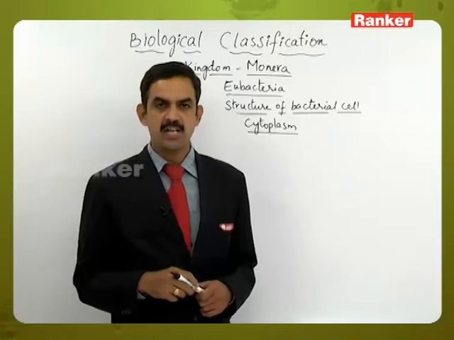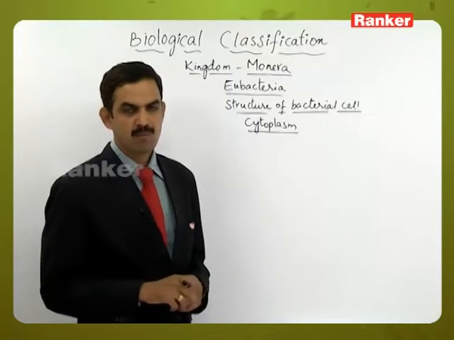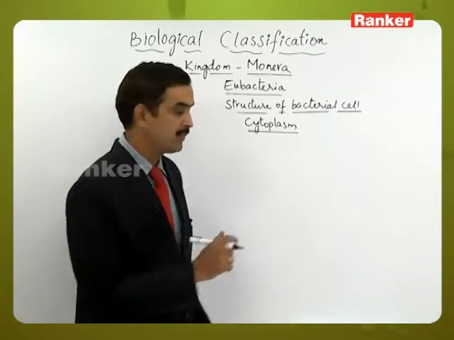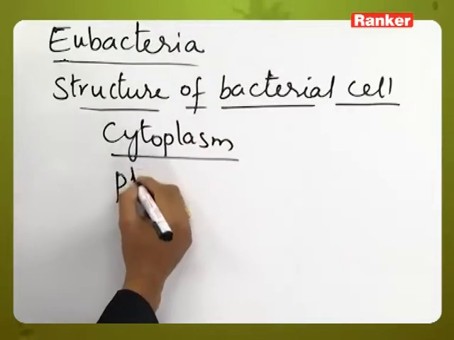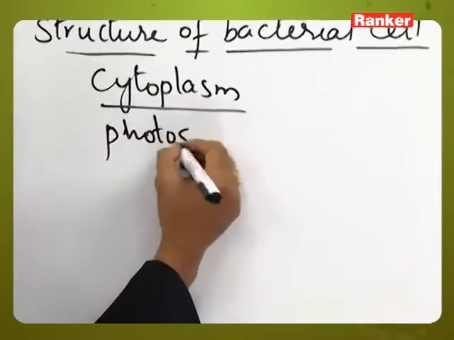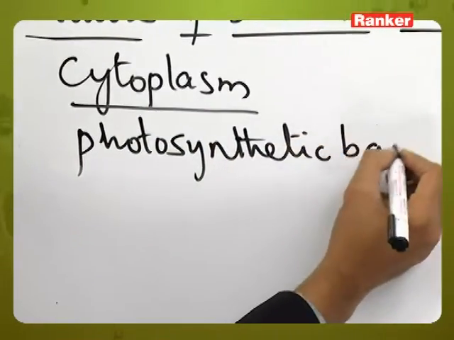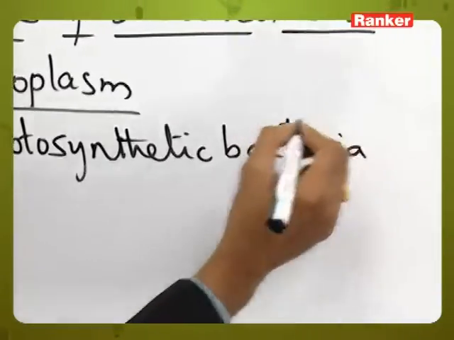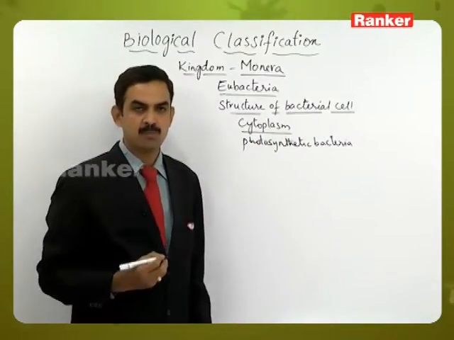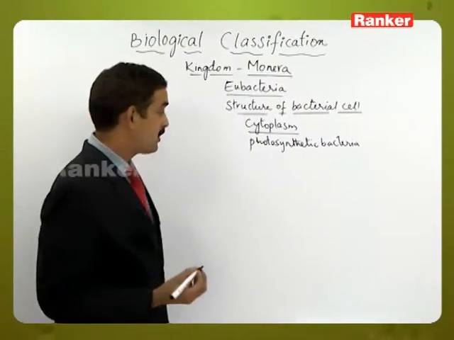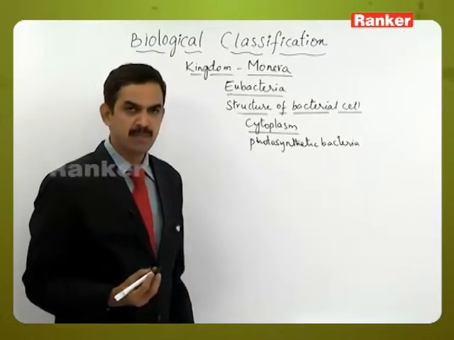Majority of the bacteria are heterotrophic in nature, but some of them are autotrophic also. The ones which are autotrophic perform photosynthesis, and such bacteria are called photosynthetic bacteria. These photosynthetic bacteria contain some special structures which have the photosynthetic pigments in them.